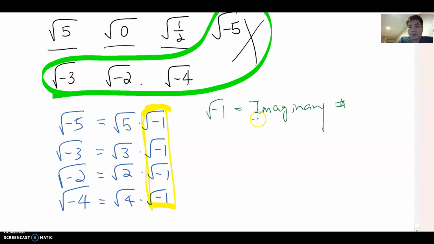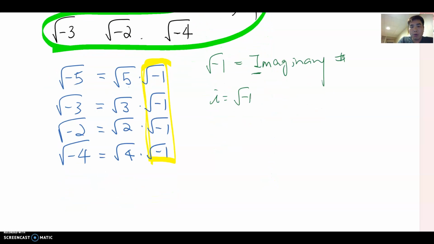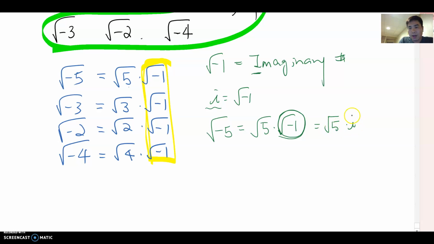And we define i equal to root negative 1. Now all these values we can rewrite. Root negative 5 means root 5 times root negative 1. Since we define root negative 1 as i, this becomes root 5 times i, right?